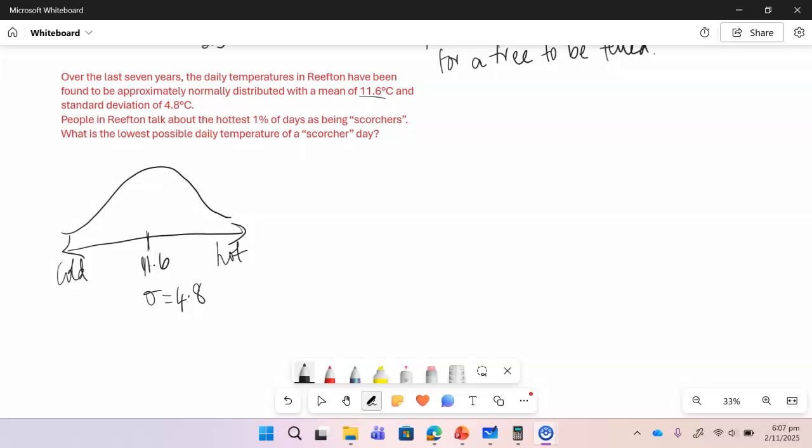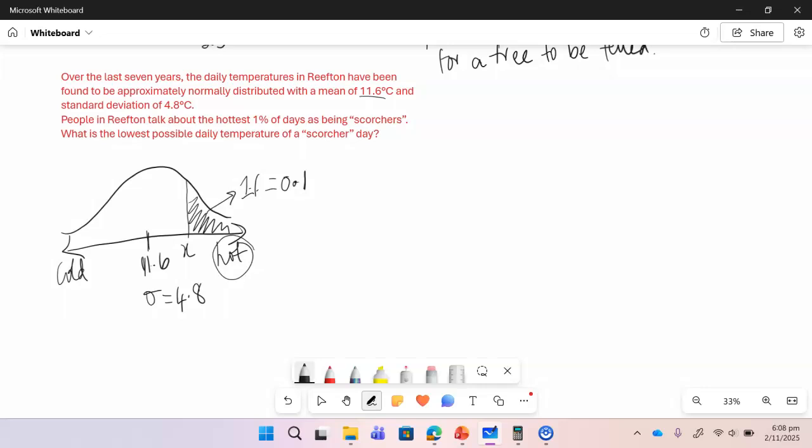So we know that we're already looking at the right side or the hotter side of the curve. Even though they're saying what is the lowest possible daily temperature, we are looking at this value here, and the area that's given to us, the 1%, is to the right of it. Because the more to the right you go, the hotter the days, but they're saying what is a cutoff point?